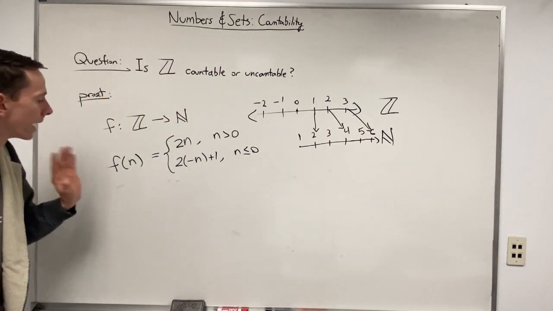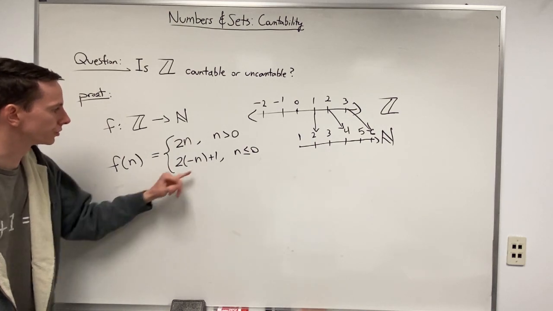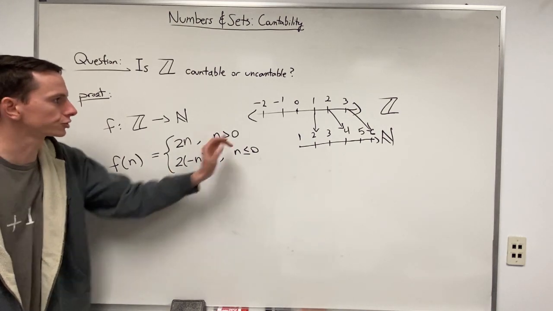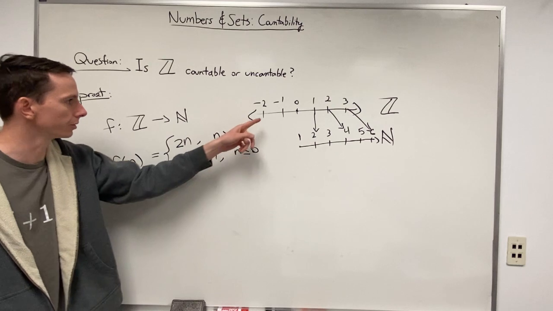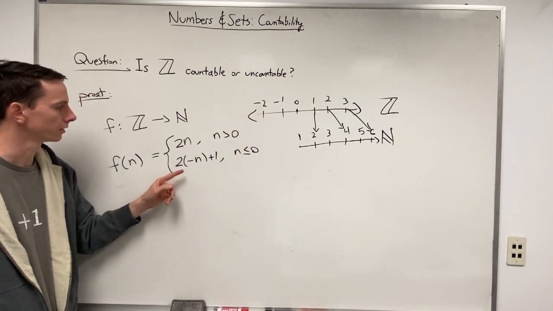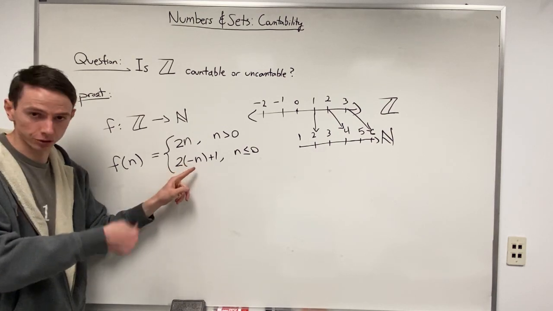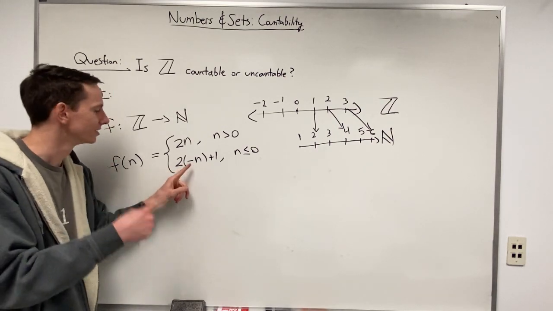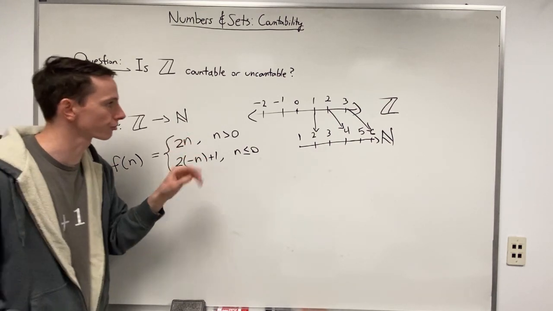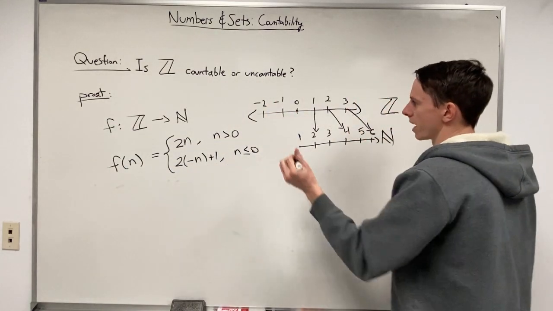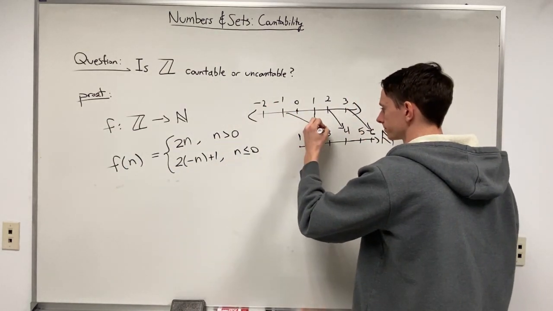Okay. Now, let's move on to the bottom case right here. And we'll start with the negative numbers. So if we plug in -1 here, we're going to get negative, or minus -1, or just 1. 1 times 2 is 2, plus 1 is 3. So -1 is going to map to 3, like this.